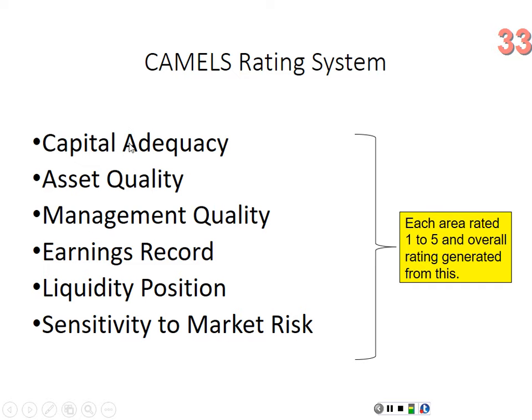Now, some people look at this and they say, okay, well, let's say we had 4 2s, and let's say 3 2s and 3 1s. So how would we rate that? Well, it's not simply a nice average that you can take.